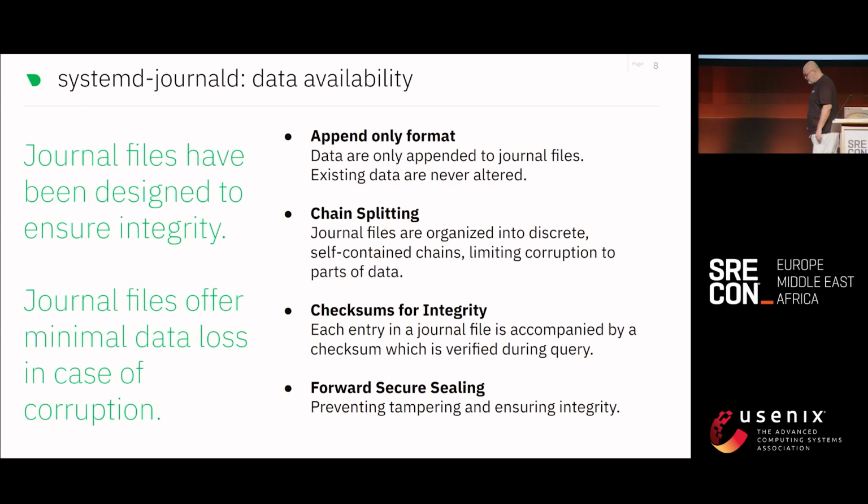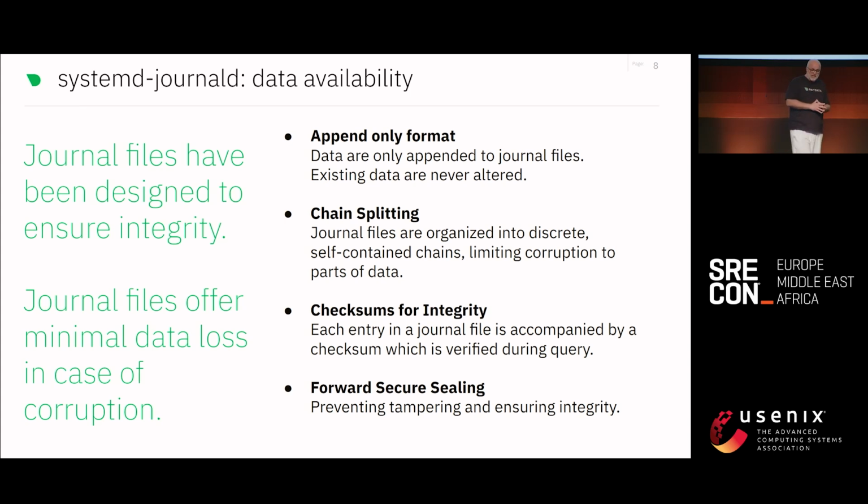The format of journal files, and that's the magic of systemd journal, is that it is an append-only format. So it creates journal files and always appends data to it, and it never overwrites data at the beginning of the file. It has a chain-splitting philosophy where there are chains, extents, let's say, of data that it writes, and all these are verified with signatures, with hashes, to detect corruption.